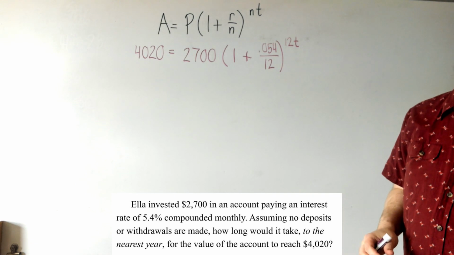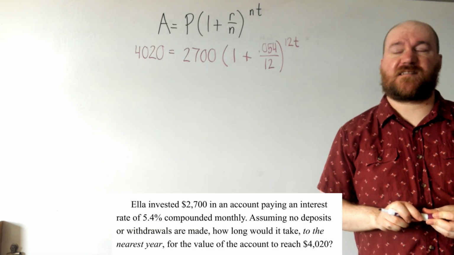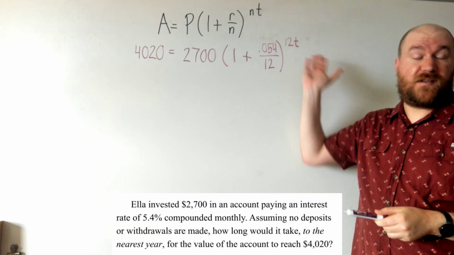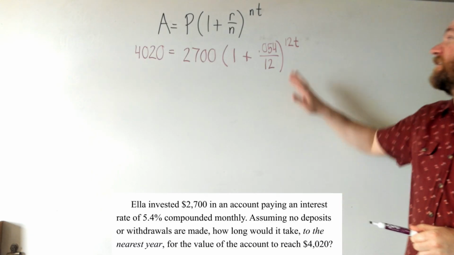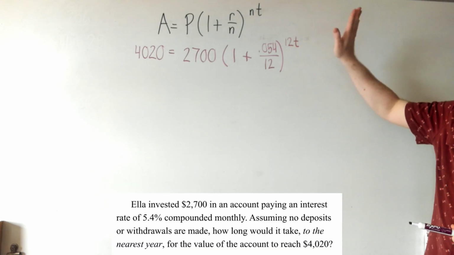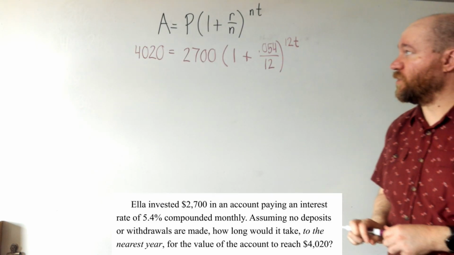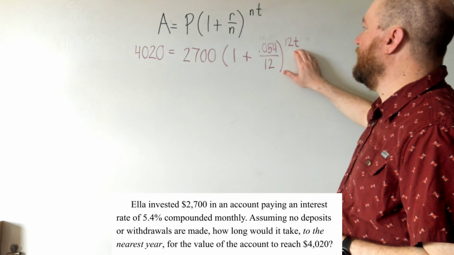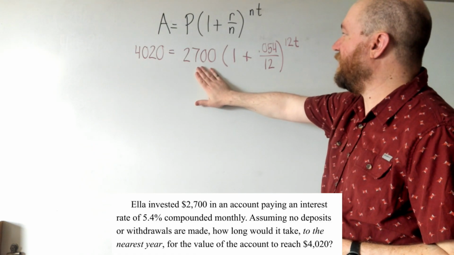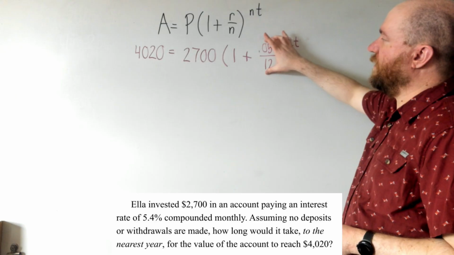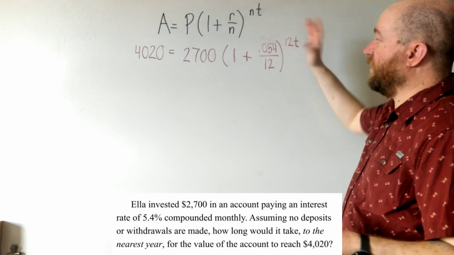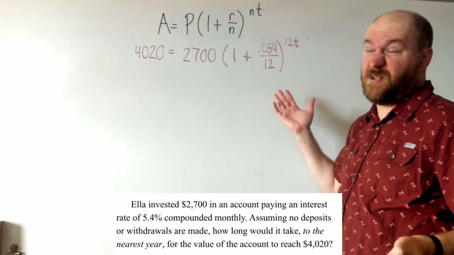All right, so to solve this, we have a completely different process because the variable is in the exponent. So we need to solve by trying to get this variable all by itself, and that's going to take a lot of steps here. So first step, let's get this t all by itself by getting this 2700 out of here. We can't deal with anything inside here because, well, we could. Everything in there is a number, so we could calculate it, right?